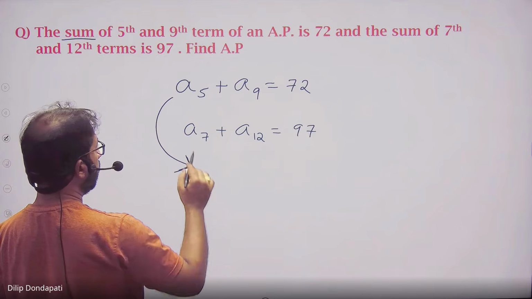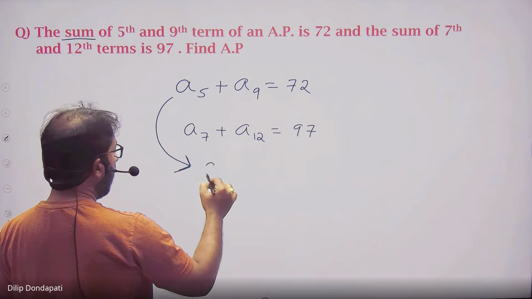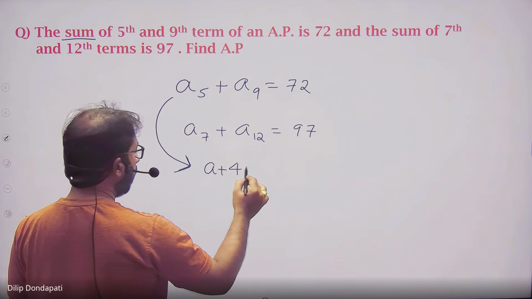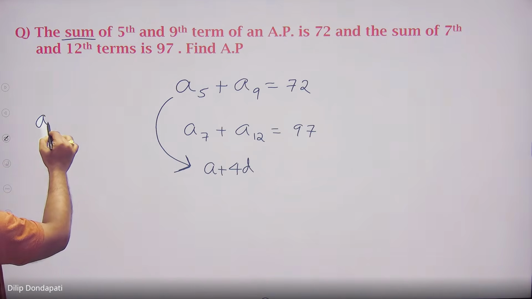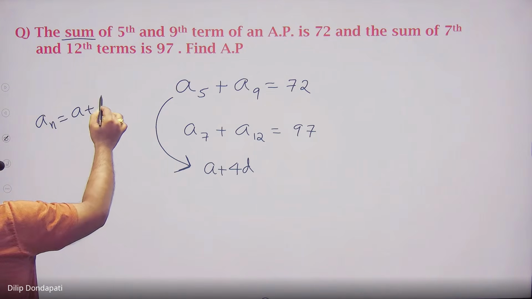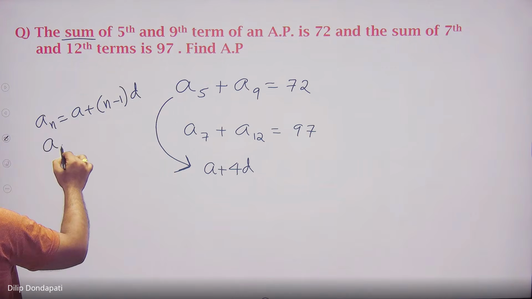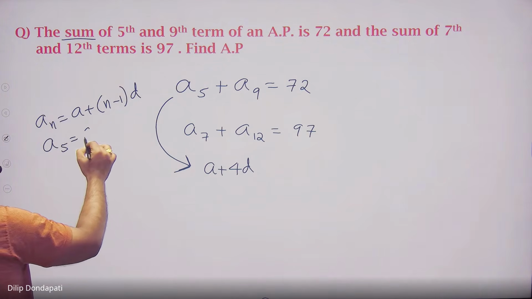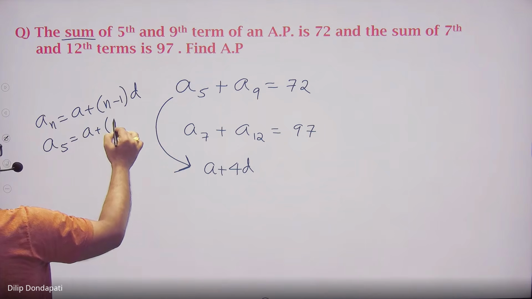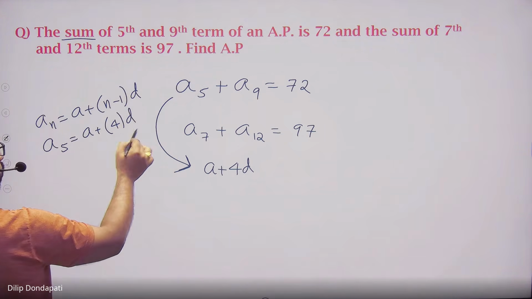d is 3 wrong. A5 is a plus 4d, because always we are using this formula: an is equal to a plus n minus 1 into d. Suppose A5 चाहिए. A5 means n के जगह में 5 डालो. a plus, n is 5, right? 5 minus 1 is 4 into d. a plus 4d. Always.